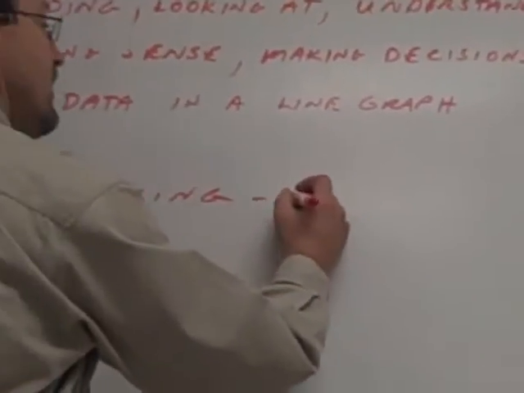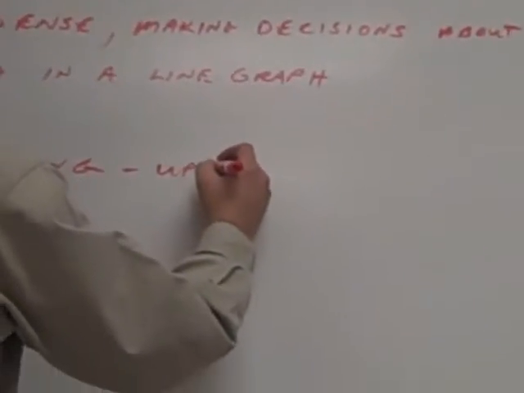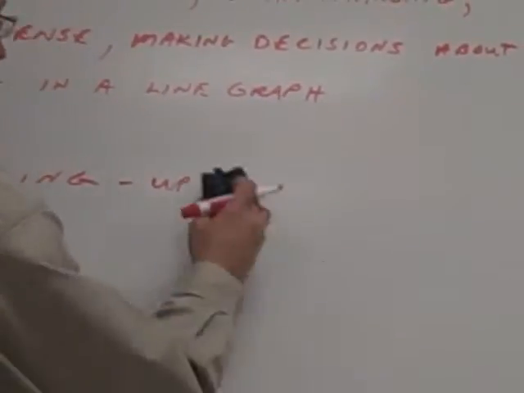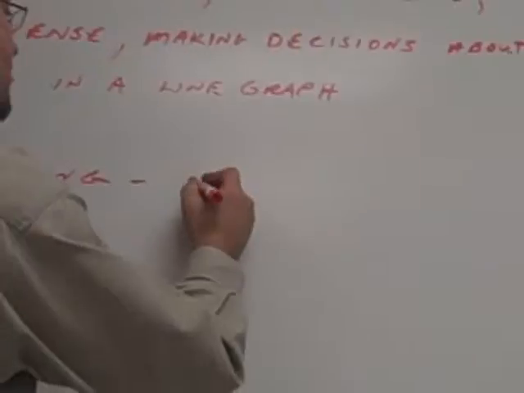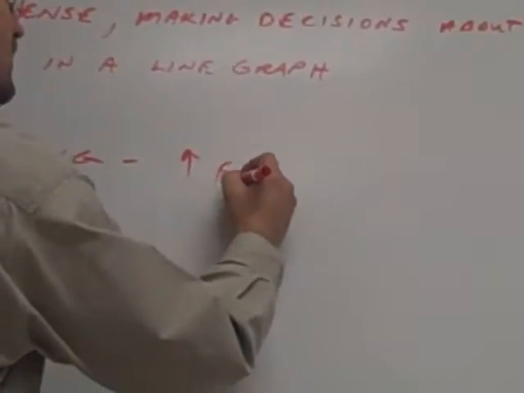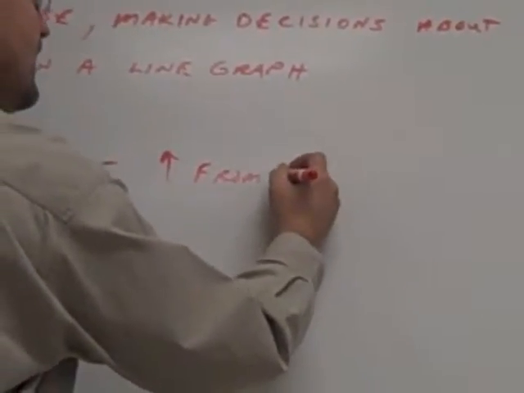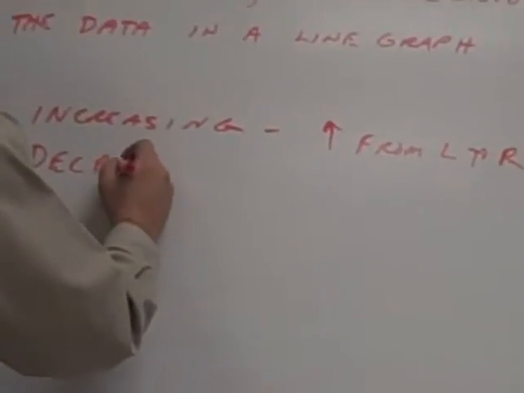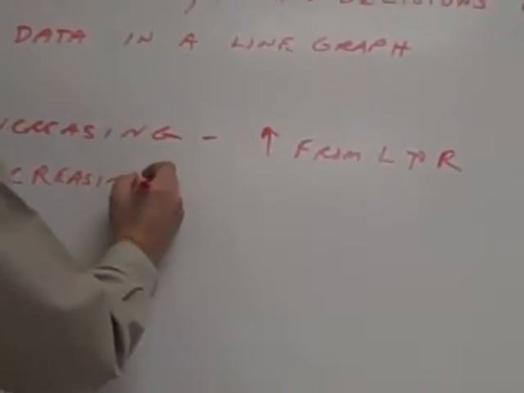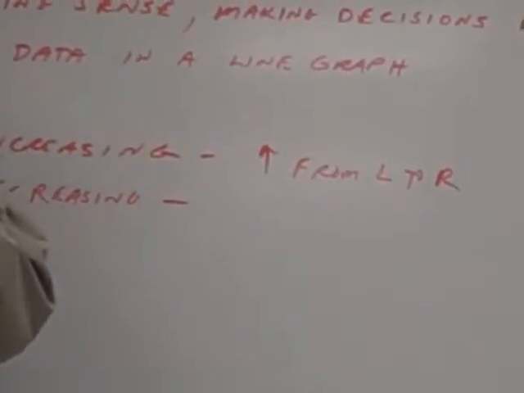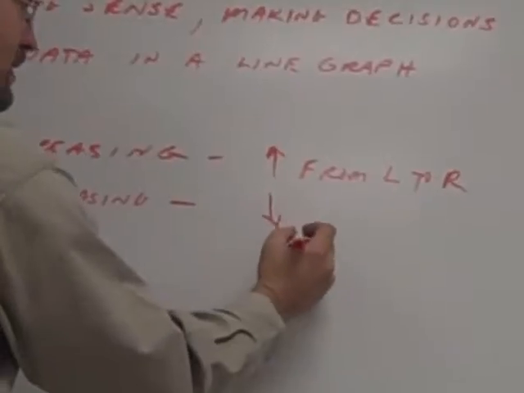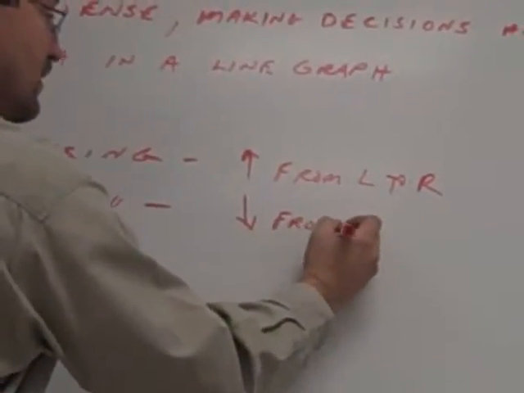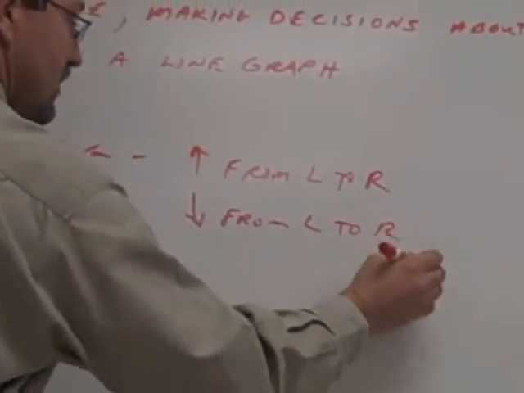So we're going to put over here up from L to R. All right? We're going to make decisions about, is it decreasing? What are we going to write out there? Down from left to right.